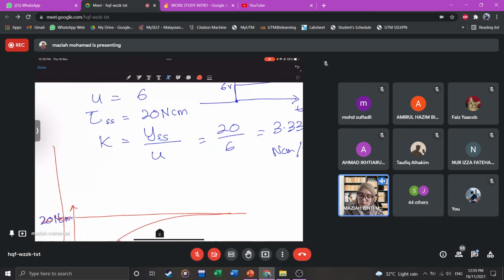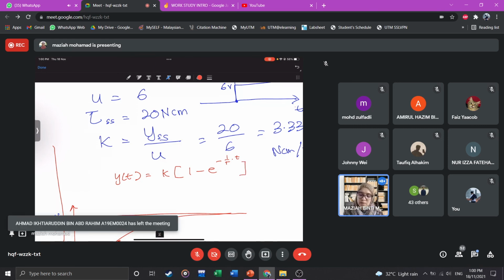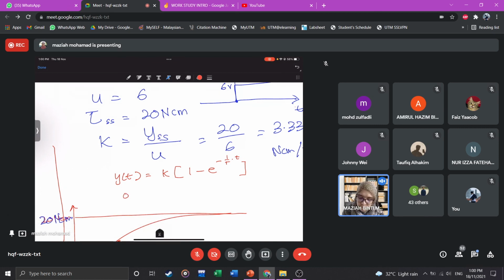To solve this, you use the equation Y(t) equals K multiplied by 1 minus exponent negative t over T. K is already known, so 10 Newton centimeter is equal to 3.33 multiplied by 1 minus exponent negative 0.4 over T. T is the one we want to find, where the time is 0.4.